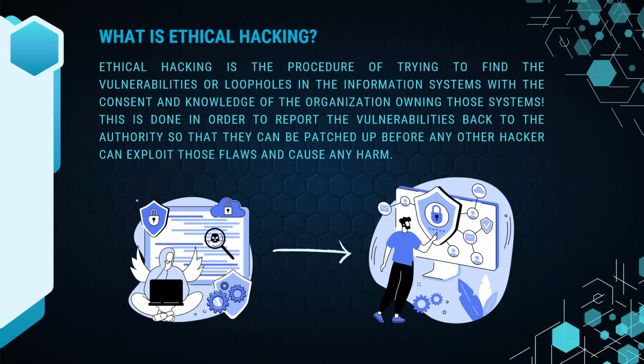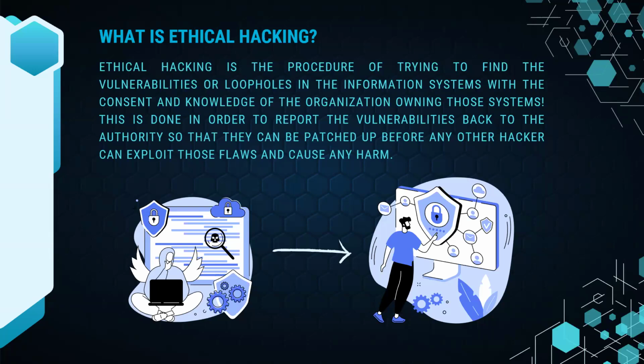So your job in ethical hacking is to find these vulnerabilities or loopholes in the information systems with the consent, with the permission, and with the knowledge of the organization owning those systems. So you work hand in hand with the organization to find flaws in their security. And once you do find them, you report it back to the organization or to the authority so that they can be patched up.